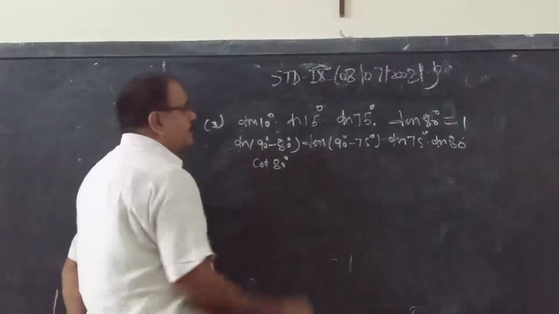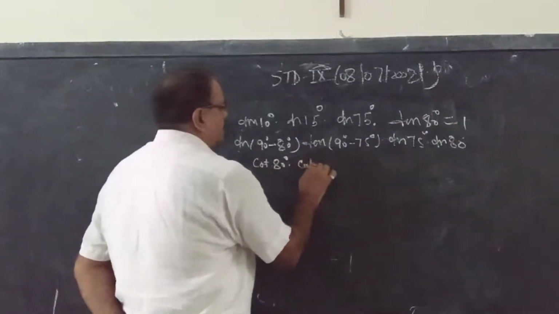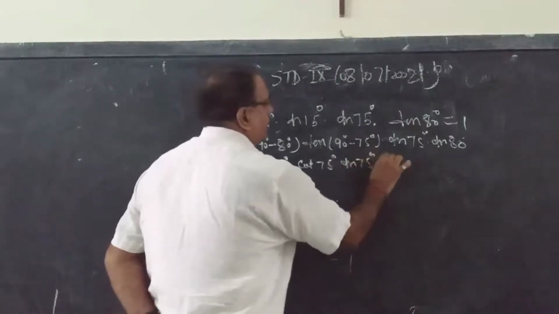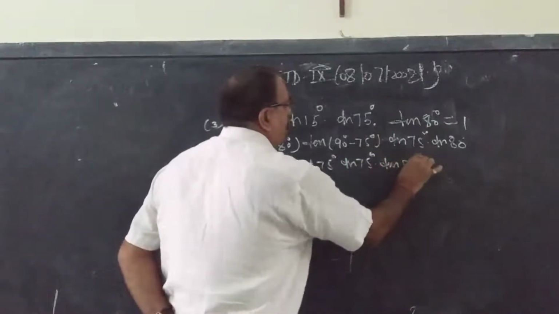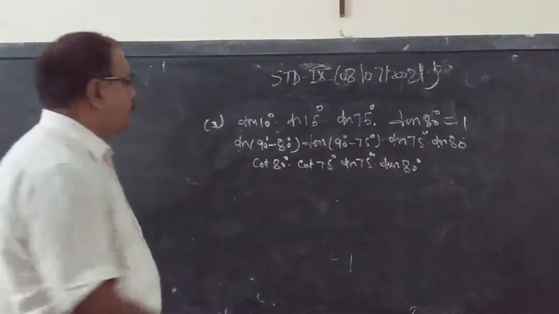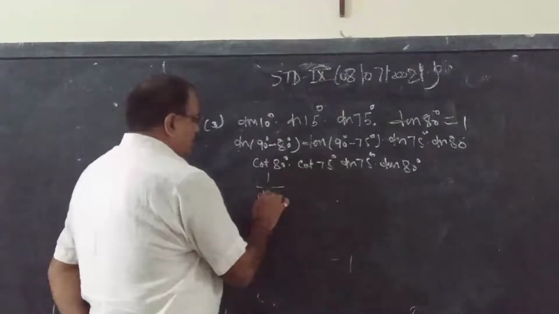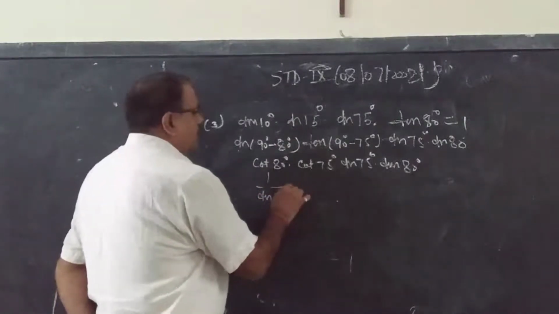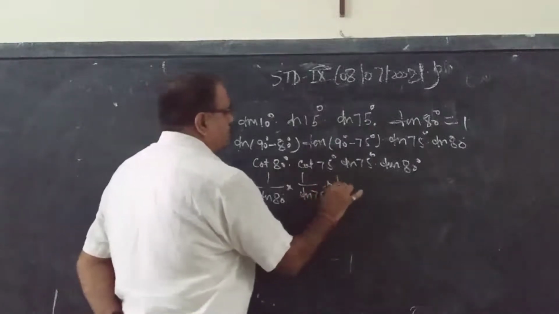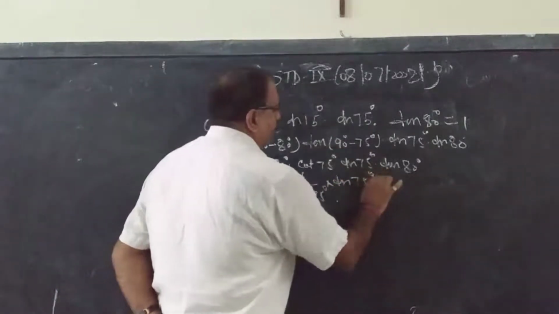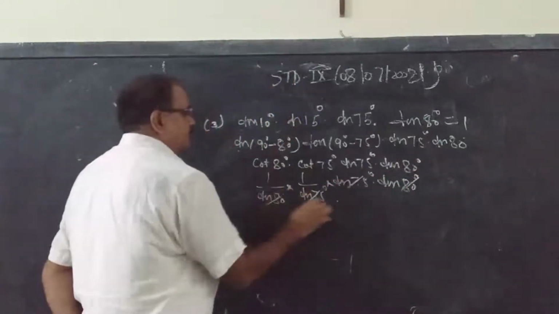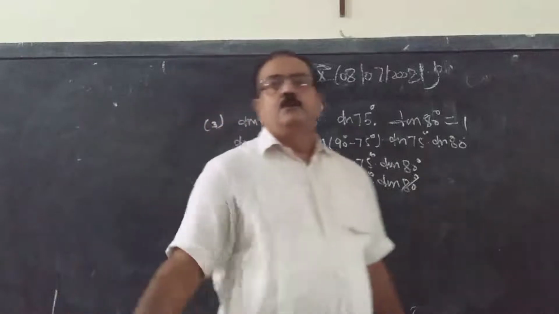Theta is 80 here, here 75. Now we need to know that cot is the reverse of tan. So in place of cot 80 we can write 1 by tan 80 degree, 1 by tan 75 degree, into tan 75 degree into tan 80 degree. Cancel it, the answer is 1.